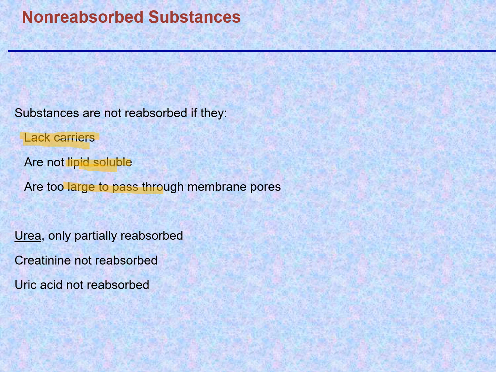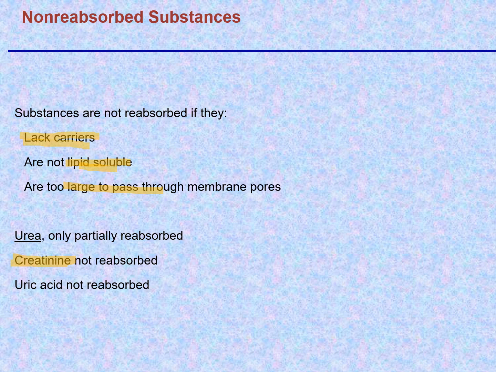There is a molecule, it's important to understand this in terms of kidney function and renal physiology. There is a molecule called creatinine. It is never reabsorbed. It is not reabsorbed at all. And so it actually acts as a good marker, because you form creatinine at a steady pace.